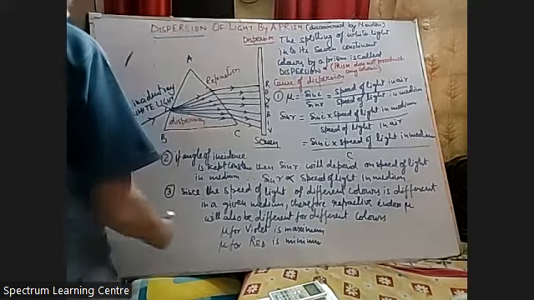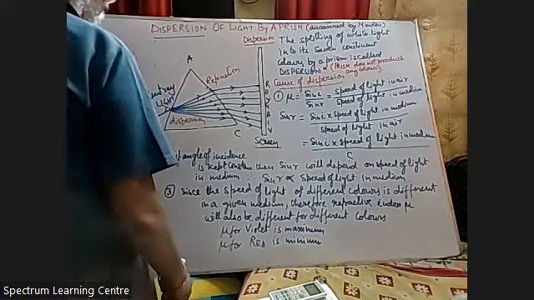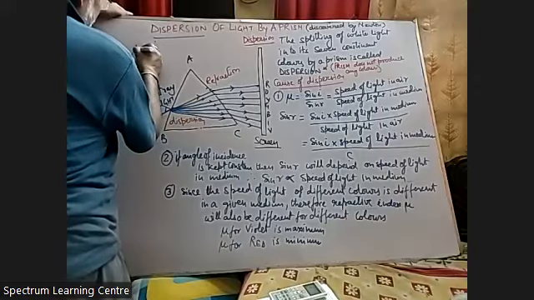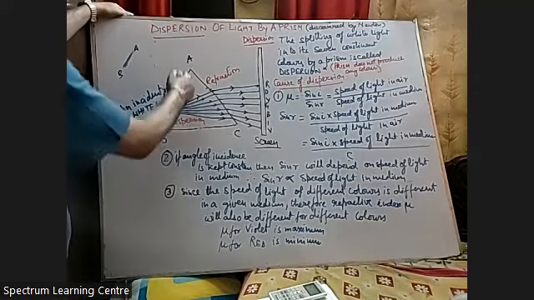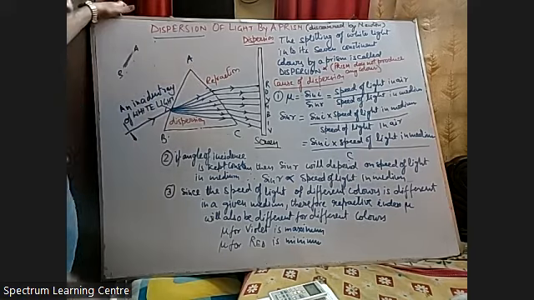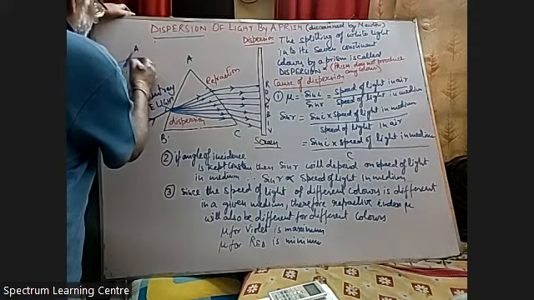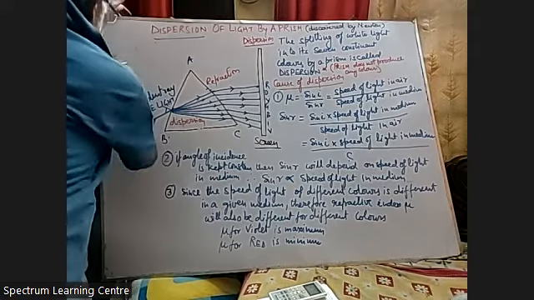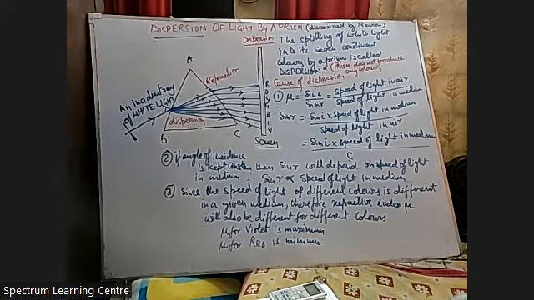If I draw a big droplet, the small part of it will be a straight line. So now I'm writing AB here. So it's almost like a prism, so it will disperse. Clear? Copied, sir.